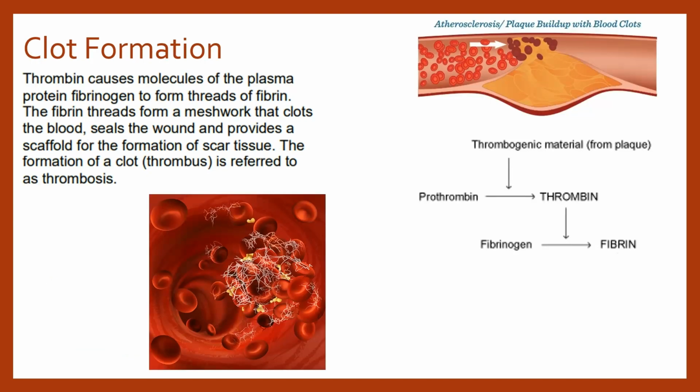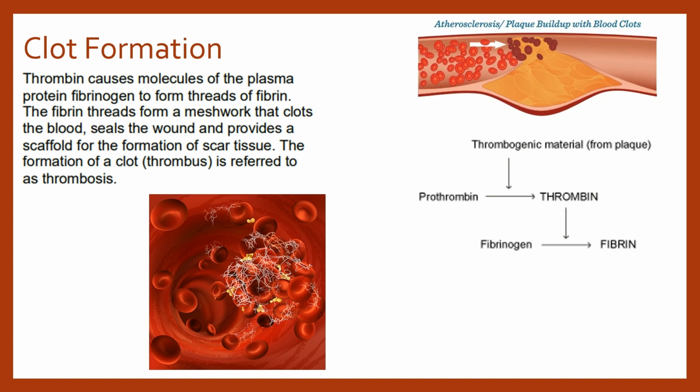That thrombin is then going to cause molecules within the plasma proteins, fibrinogen, to start forming what's known as fibrin. And it's the fibrin which forms the meshwork, the scaffold that clots the blood, that seals up that wound, and then provides a scaffold for the formation of scar tissue.